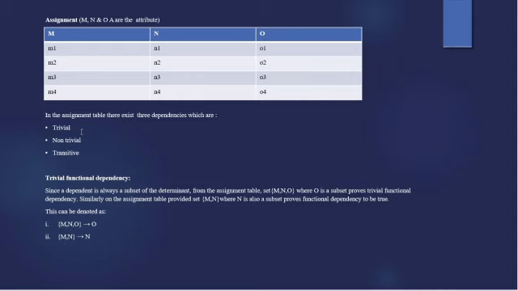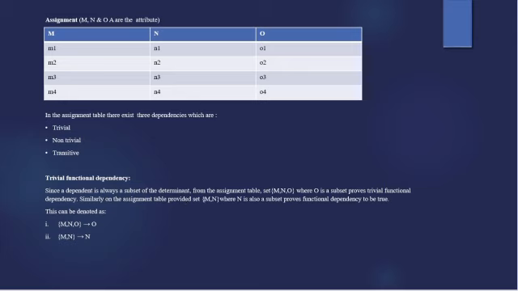Now to explain this further, to do what we call justice to such a question, we can have a symbol and summary of what we are referring to as trivial functional dependence on this table that we have, assignment M, N, and O. With the first one, trivial functional dependence, since a dependent is always a subset of the determinant, from the assignment table set M, N, O, where O is a subset proves trivial functional dependence.